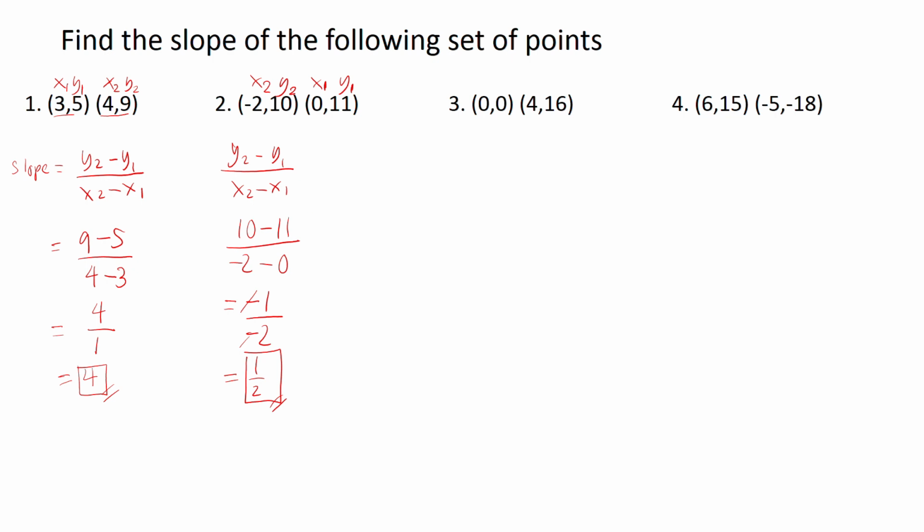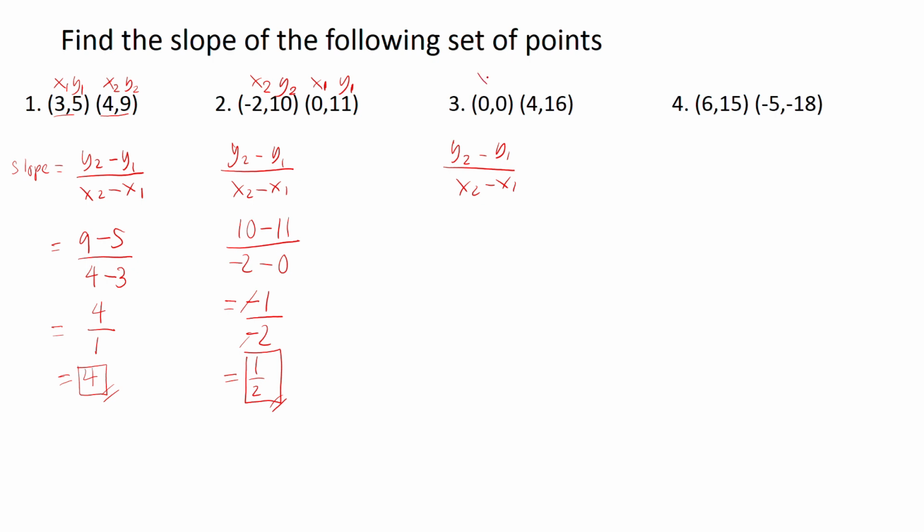I hope you're still clear. We will continue with number 3. Actually, if you want, you can try this one first by pausing the video. Okay, so I will continue. For number 3, again our formula is y sub 2 minus y sub 1 all over x sub 2 minus x sub 1. We don't have our assignment yet.